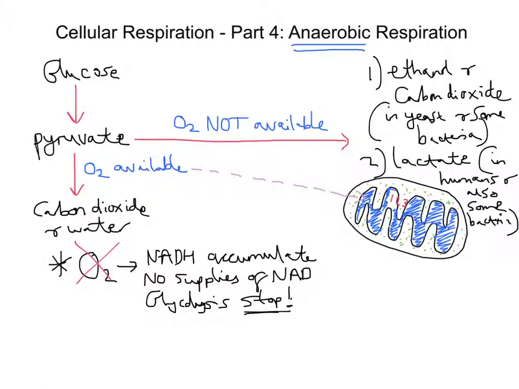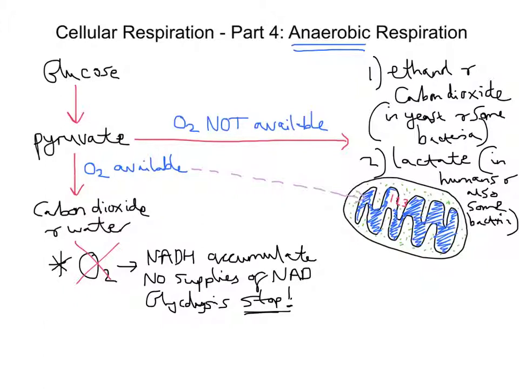Because the pyruvate has been reduced and chemically altered, it does not enter the link reaction. So we can't get the link reaction, we don't get Krebs cycle, we don't get the electron transport chain in oxidative phosphorylation. So basically, the second part of my first video, part 2 on Krebs and part 3 on the ETC, electron transport chain, none of that happens.